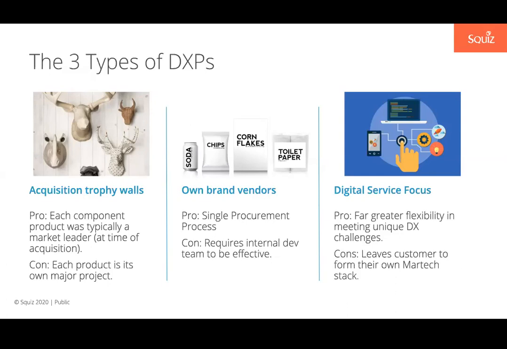So the pro of this is that at the time of acquisition, and it typically continues, but not necessarily, they're usually the market leaders. The con is that because they're buying the biggest platform for each of the different products, say a marketing automation vendor or an analytics platform, at the time of acquisition, since those were the market leaders, they also tend to be the most complex platforms.